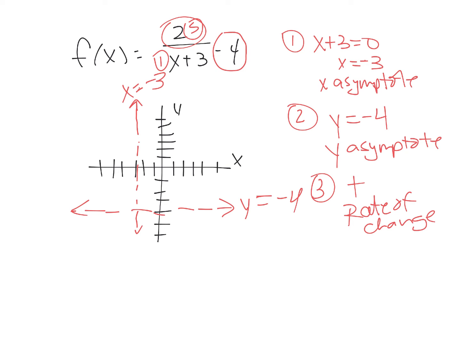It is positive, so remember, we're always focusing on the origin of the new asymptotes, right? So our x and y axes are no longer valid here. So it is positive, so it's going to go into quadrants 1 and 3.